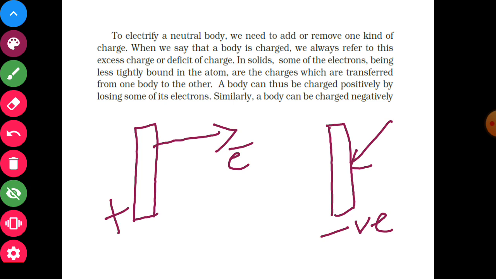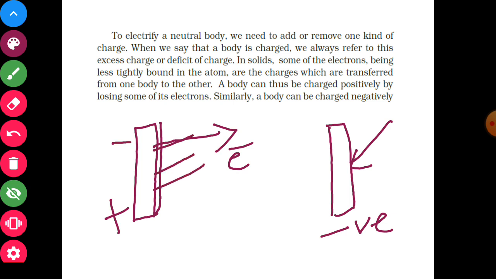When we say that a body is charged, we always refer to this excess charge or deficit of charge. In solids, some of the electrons, being less tightly bound in the atom, are the charges which are transferred from one body to the other body. The electrons which are lightly bound, or have less bonding with the atom, will be removed.